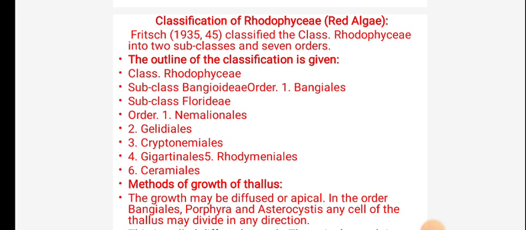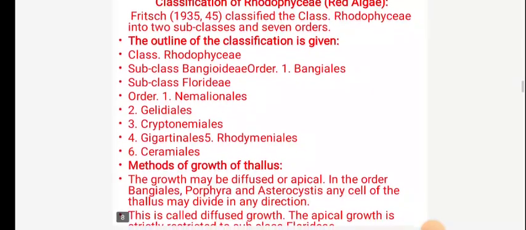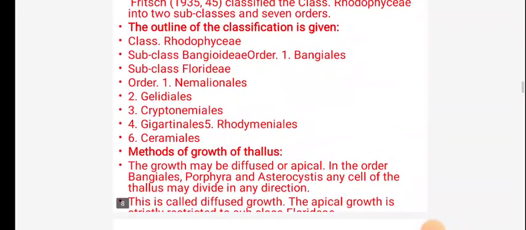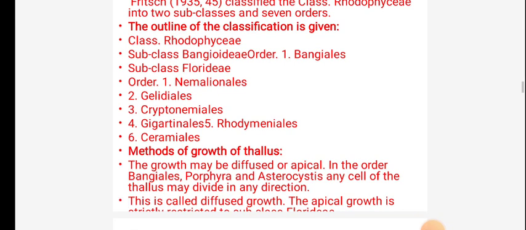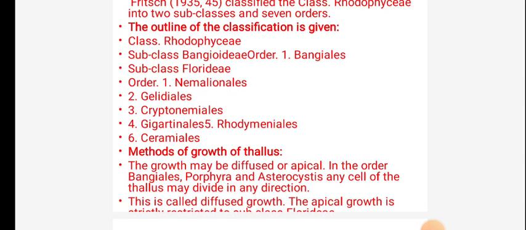Prescott in 1935 or 1945 classified the class Rhodophyceae into two subclasses and 7 orders. The outline of classification is as follows: the Rhodophyceae, subclass Bangioideae, order Bangiales; subclass Florideae, Nemalionales, which is in three orders.